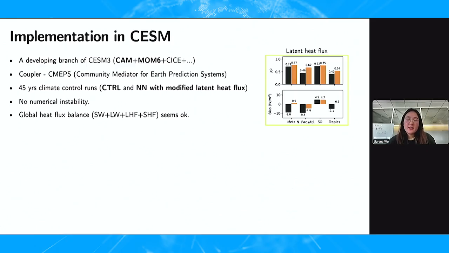And I've done it only deterministically. And we didn't observe any numerical instability, which is a plus usually with these machine-learned algorithms. But I think it's because the IRC flux tends to be down gradient, and it's generally not going to cause instability.